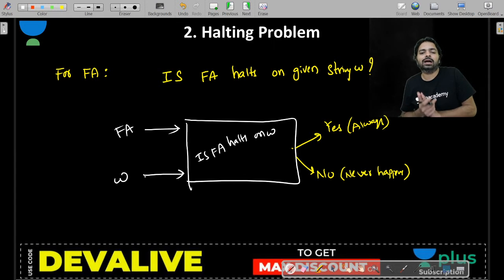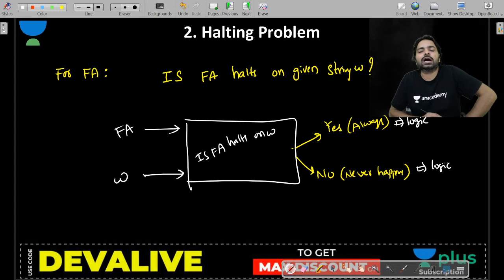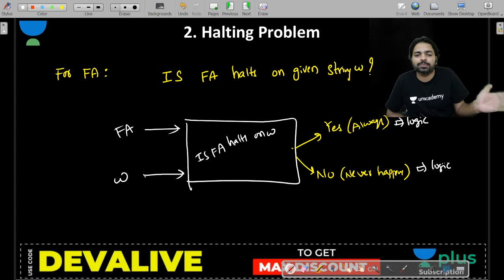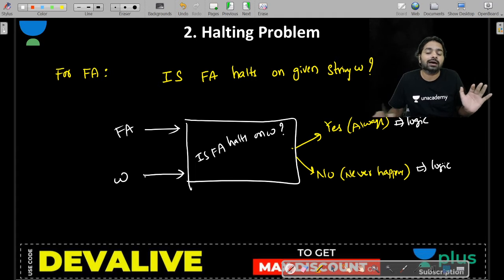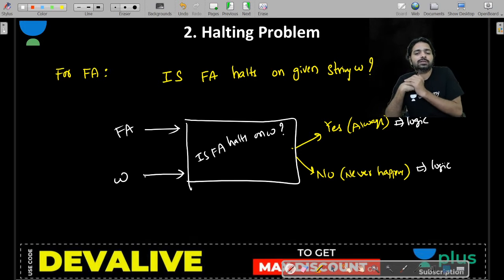Yeah, this is the halting problem for finite automata. If you look at it, there is no logic for yes or no because we don't need to verify. You ask me any finite automata, I will not apply any algorithm. I'll just produce yes: this finite automata always halts.